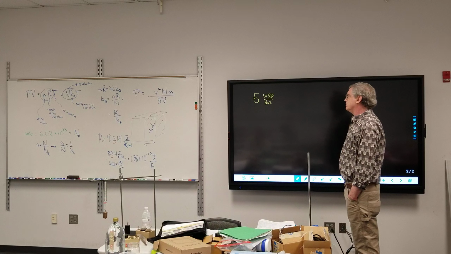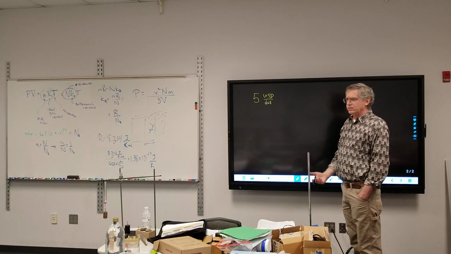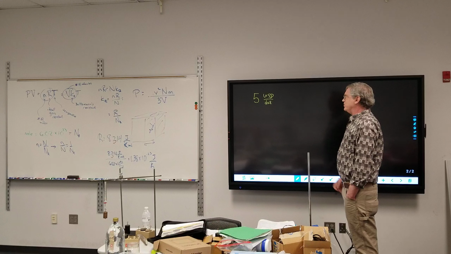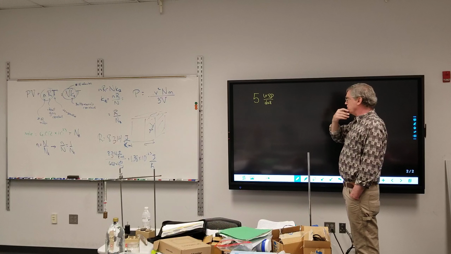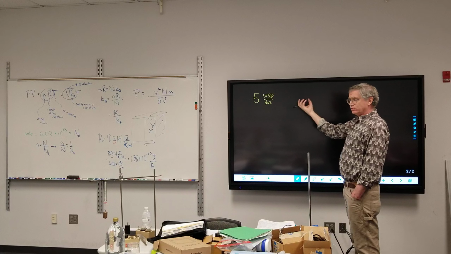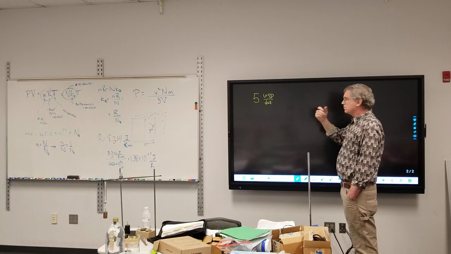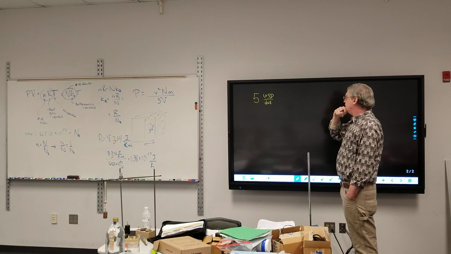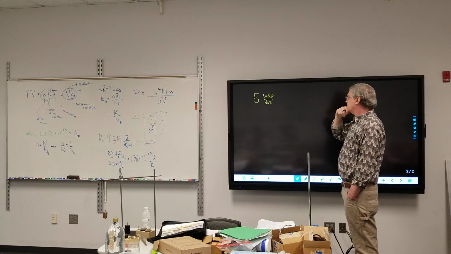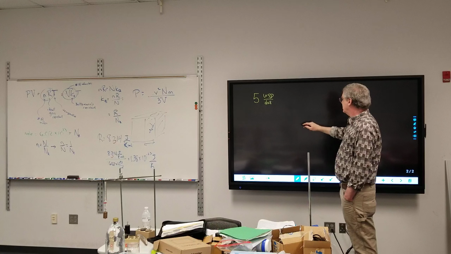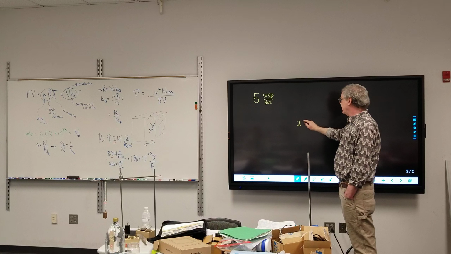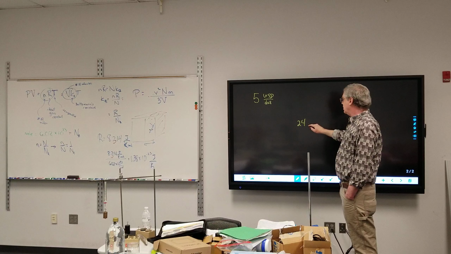So if something costs $5 a dozen, USD for US dollars. The reason I didn't put the dollar sign in front, as is traditional, is I wanted the units congregated together. And then I'm buying 24 objects.